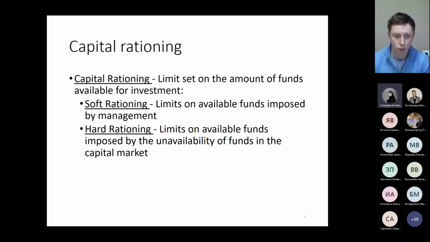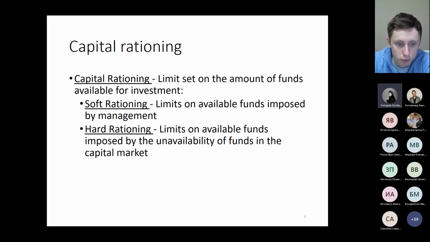And depending on that, we use a term to name the concept of limited resources that the firm has. It's called capital rationing. It's a limit on the amount of funds available for investment for the investor or for the company or for whoever conducts those investments.